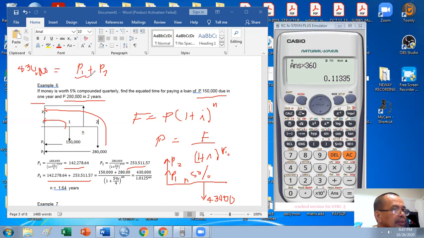Ito yung present worth times (1 plus the interest 0.05 over 4) raised to the n. So you solve for n, your n will be ln of 430,000 over that P1 plus P2.